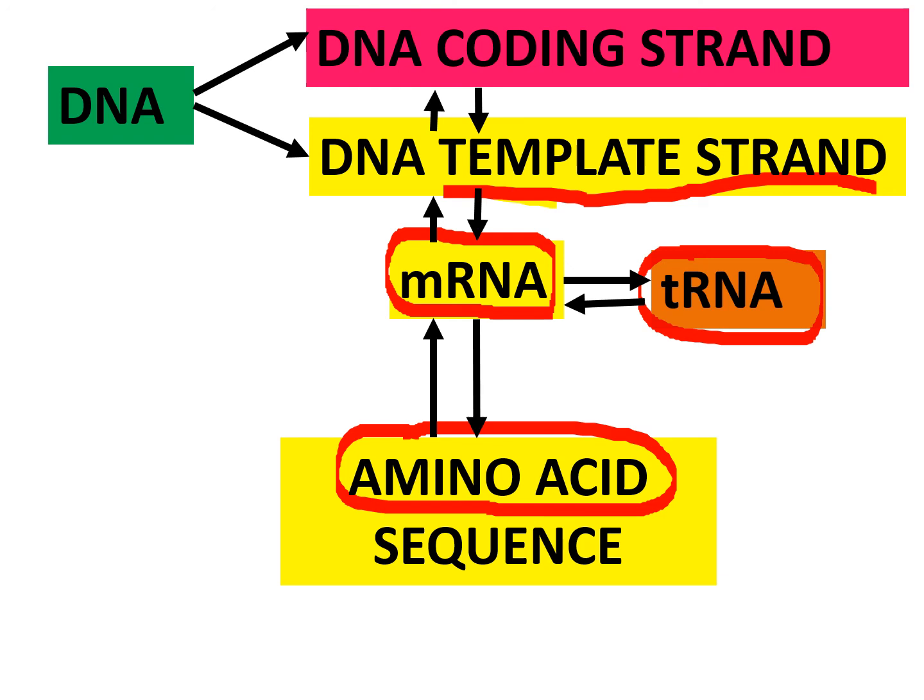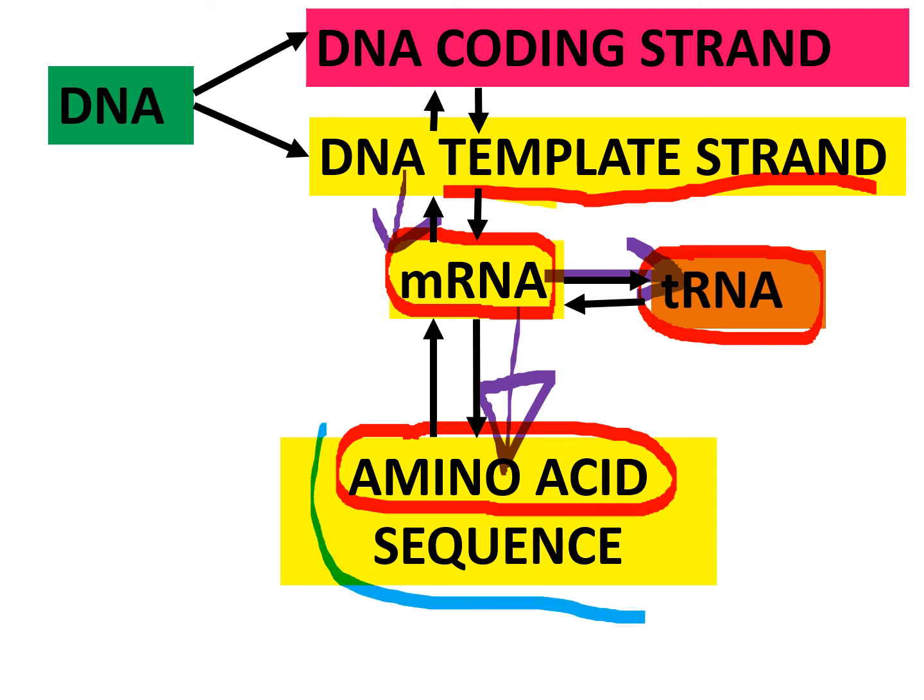But the key idea behind this flowchart is showing us that when we know one bit of information, we can determine the rest. So for example, if I've been given a DNA template strand, I can work to get the mRNA strand, the tRNA strand, and the amino acid sequence by remembering the complementary idea. Or if I have an amino acid sequence, I can work backwards and get the mRNA strand and the DNA template strand, which codes for that amino acid sequence.